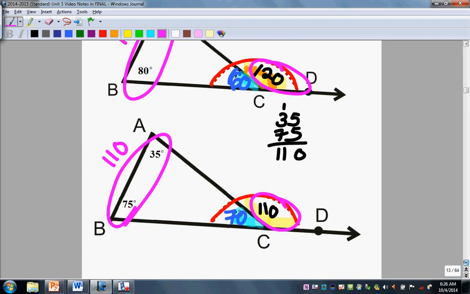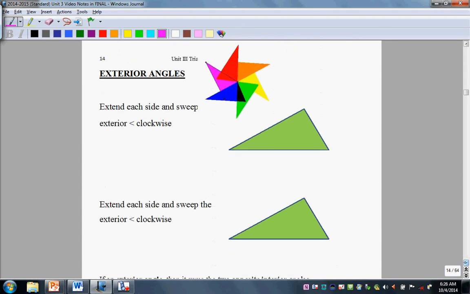Let's talk a little bit more about exterior angles. Exterior angles, they kind of look like a pinwheel. That's why I have a pinwheel here. To find them, we're going to extend each side and go clockwise. So let me show you. Extend with me. Extend. And we're going to go around the clock to the right. Extend.